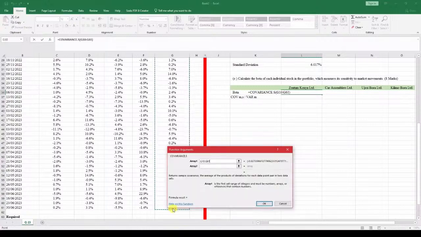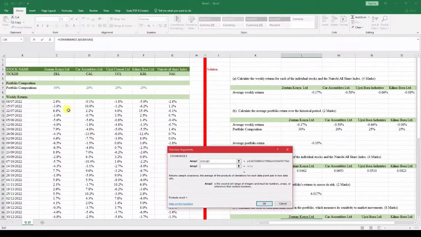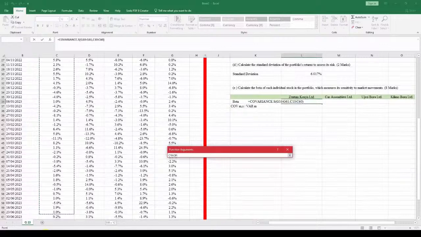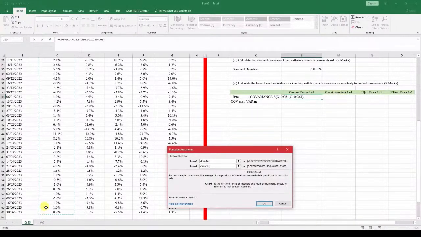Covariance of the market, and on the second array here we put the stock itself over here, like that. Covariance of the market and stock, and you can see what we've done.